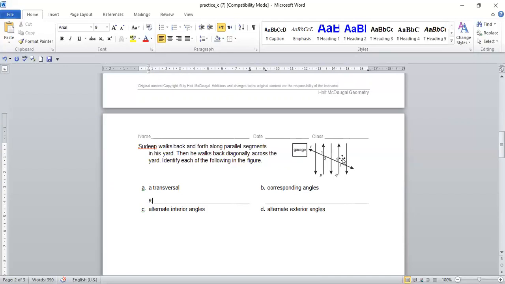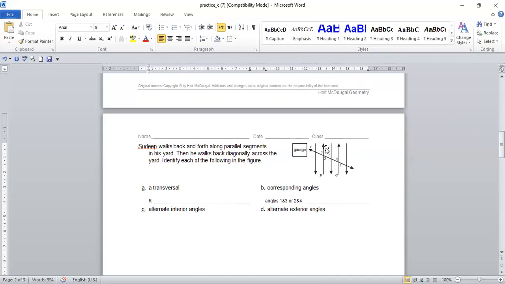It can be angles 1 and 3 or angles 2 and 4, because they are on the same side of the transversal. We see 3 is sitting behind 1 and 2 is sitting behind 4. It's like this.